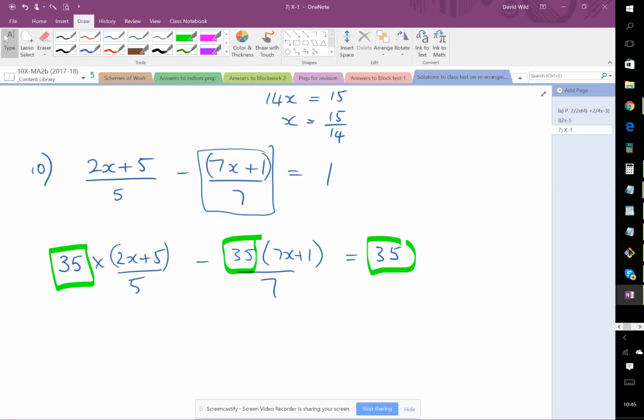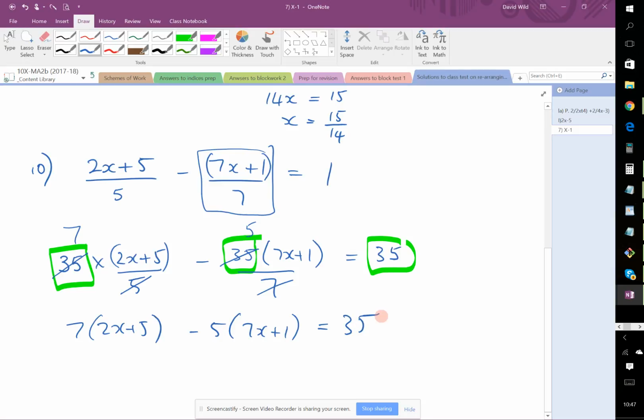So, now we do the cancelling. 35 divided by 5 is? 35 divided by 7 is? 5. Right, okay, so now we get 7 times 2x plus 5 minus 5 times 7x plus 1 is 35. Notice the fractions have gone.